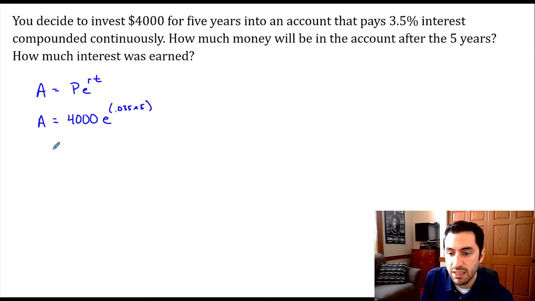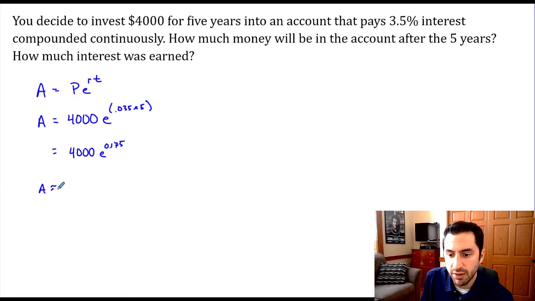I like to do a little bit of simplifying first. So we end up with 4,000 times e, and in my exponent, 0.035 times 5, I end up with an exponent of 0.175.